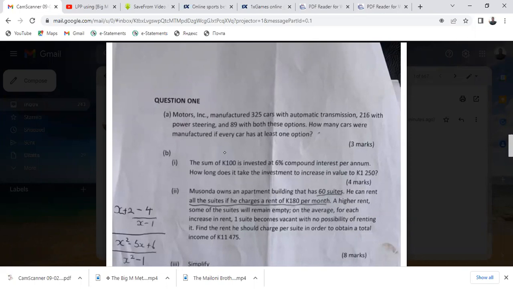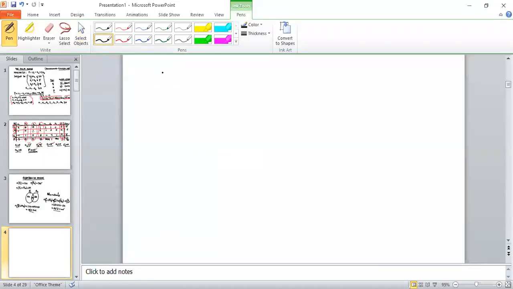So a sum of 100 kwacha is invested at 6% per annum. So it's per annum. How long does it take to increase the value of that? So this is compound interest. So the first thing is the formula, which is future value is equal to present value times 1 plus r raised to the power t.